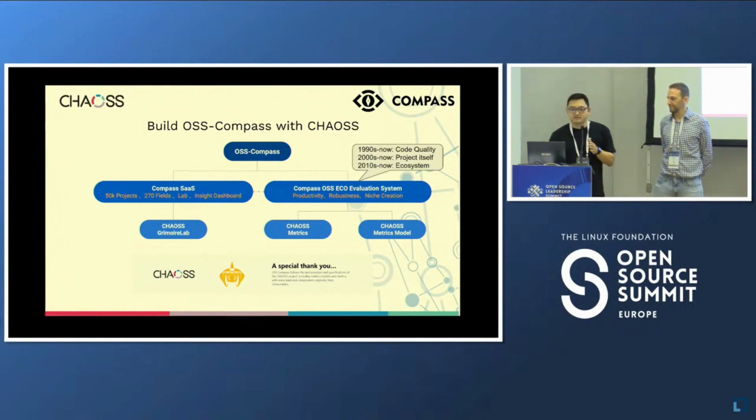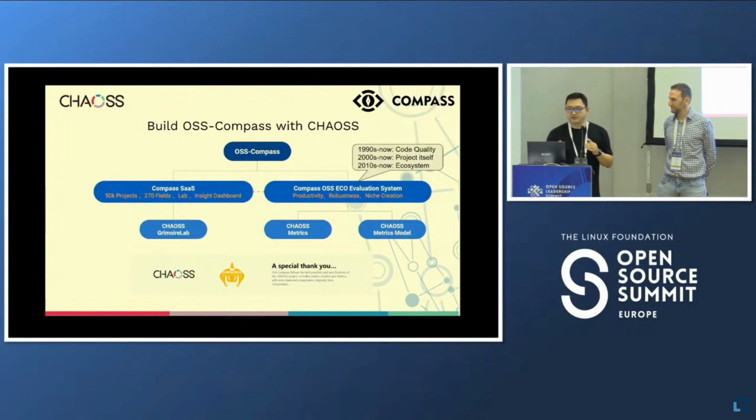And after 10 years, more and more commercial companies like ByteDance, Huawei, and many others started joining open source work, leading open source communities. So they care more about the ecosystem built around the open source community, no matter upstream or downstream. So the third mainstream cares more about the collaboration happening in the ecosystem.